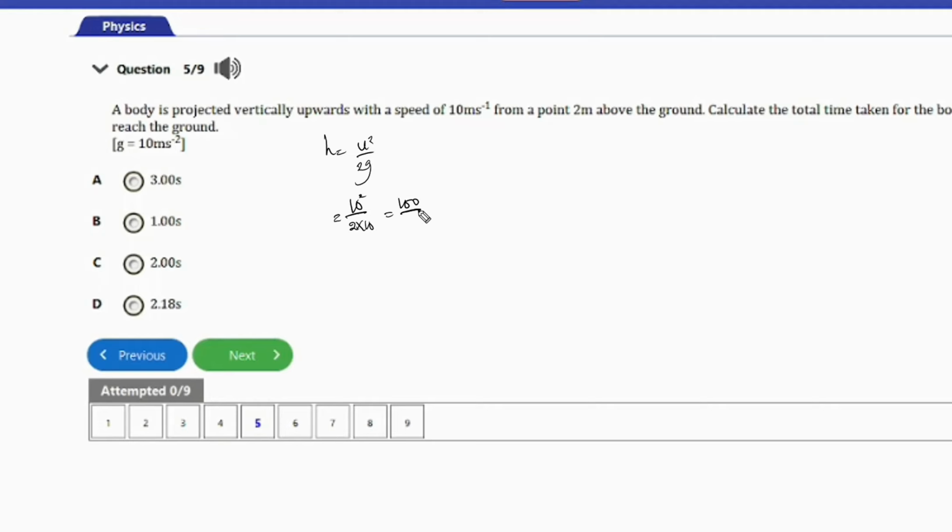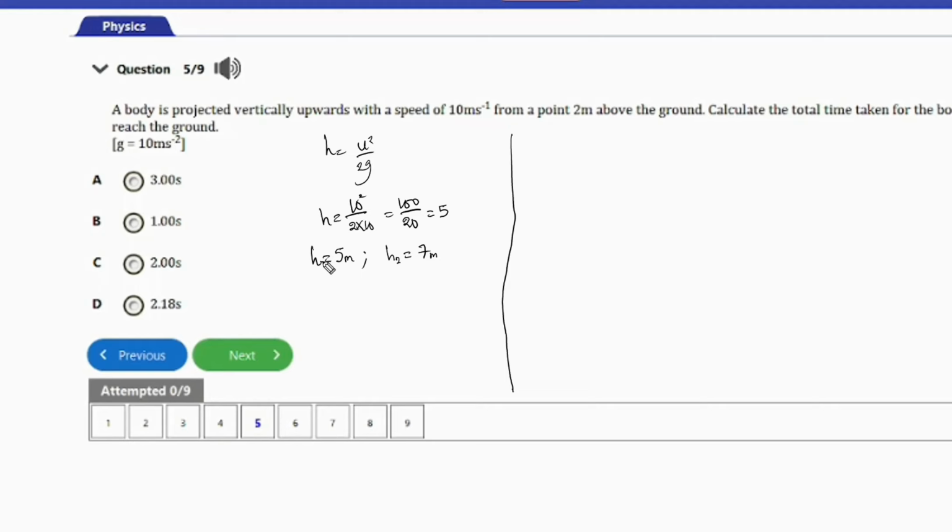So u squared here is 100, and then 2g is 20. So 100 over 20 now becomes 5. So the h here is 5 meters. So guys, it means that for it to reach ground again, it will take 5 plus 2 meters, that's 7 meters. So let's take note of these two.